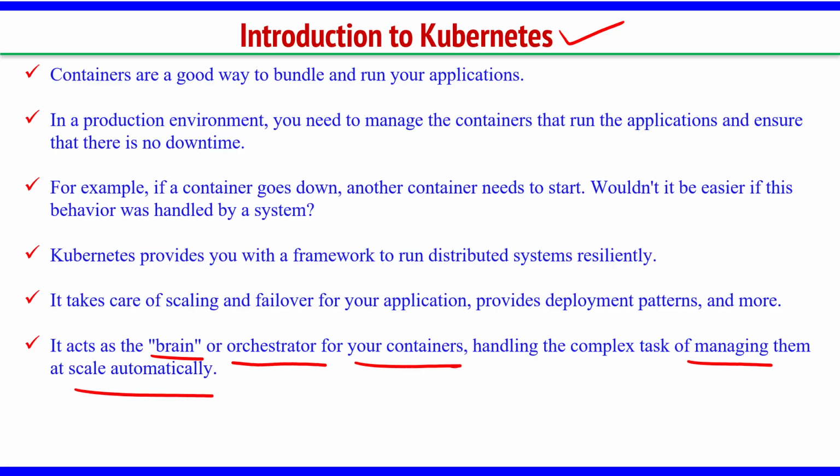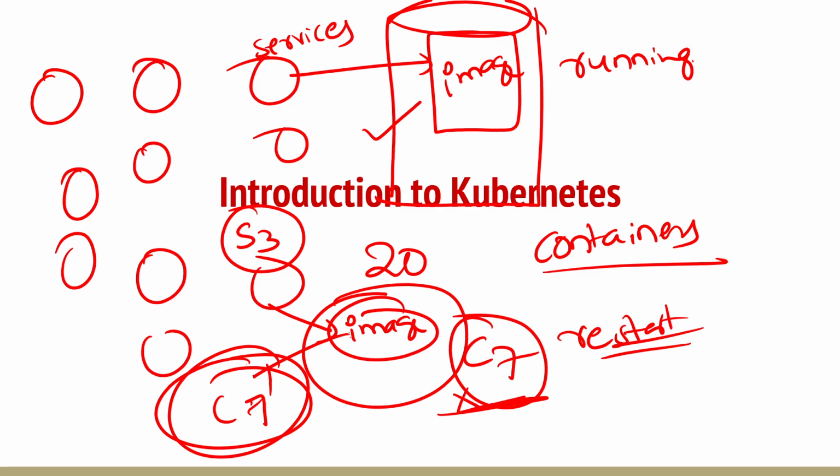What is scaling? If the load is increasing, let's say my container C7 has a huge load, and the number of requests coming from the users is high, then I have to scale this, which means I have to make multiple copies. How do you make these multiple copies? They can be made automatically with the help of Kubernetes.